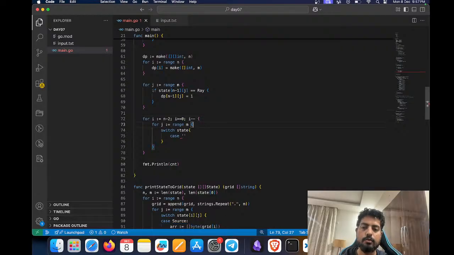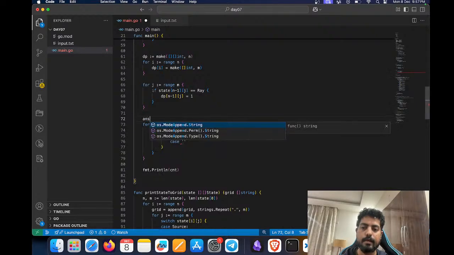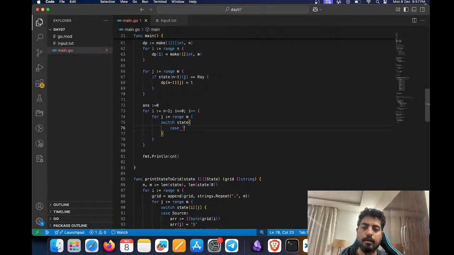Now for all the rows, we also keep an answer which is equal to max of answer, dp[i][j]. If it is a ray, then dp[i][j] is simply dp[i+1][j].